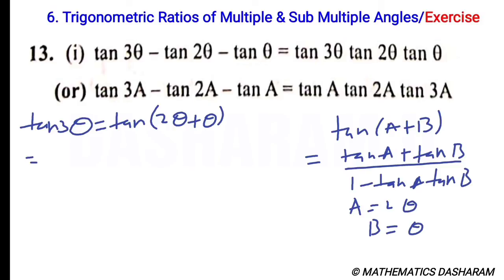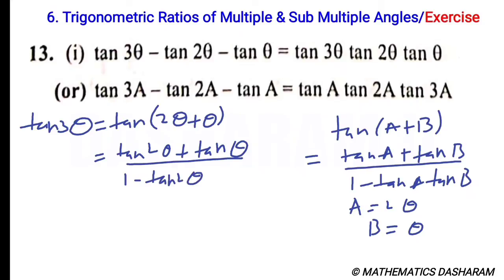So it is equal to tan 2 theta plus tan theta divided by 1 minus tan 2 theta into tan theta.